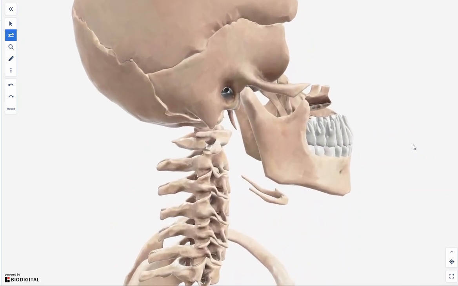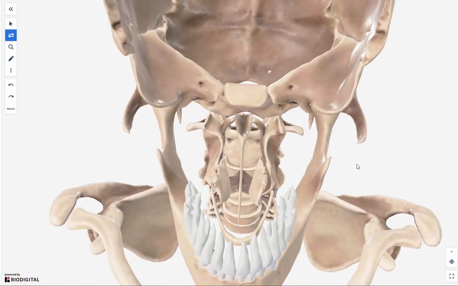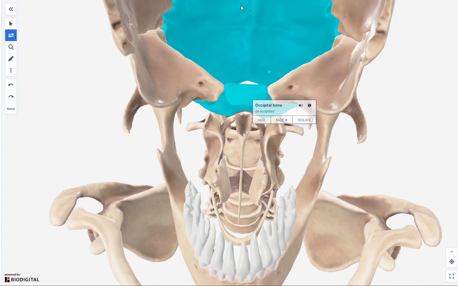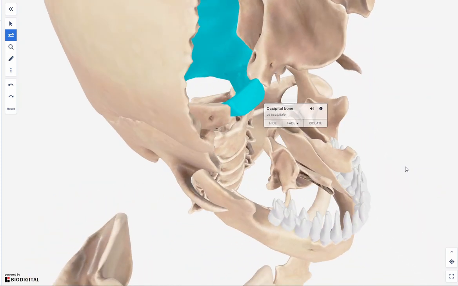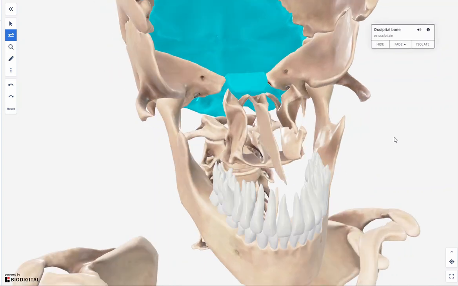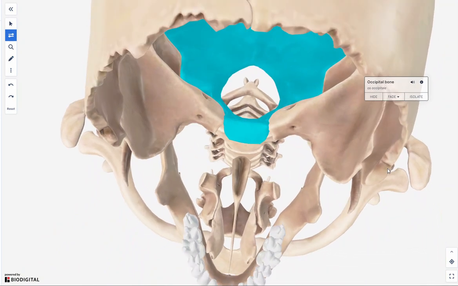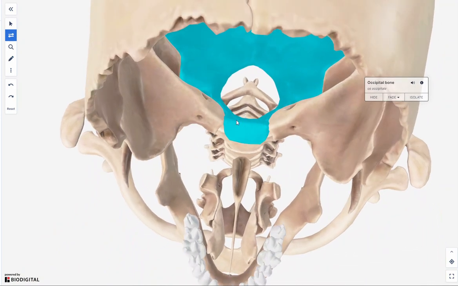Tipping it again forward. Zooming in here, where it sits in the skull. All right, this is occipital bone here. Remember where that clivus meets up with the occipital bone towards the foramen magnum. Remember the clivus projects posteriorly from the dorsum sella of the sphenoid bone and then connects here at the occipital bone as well.